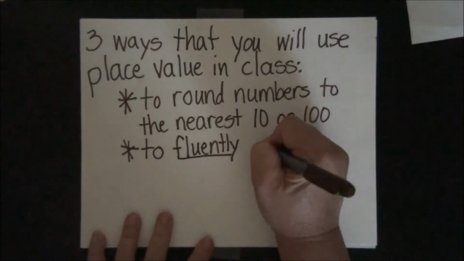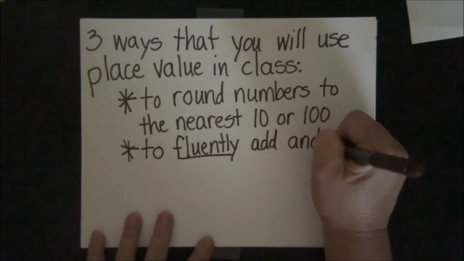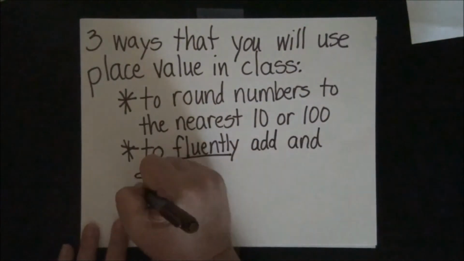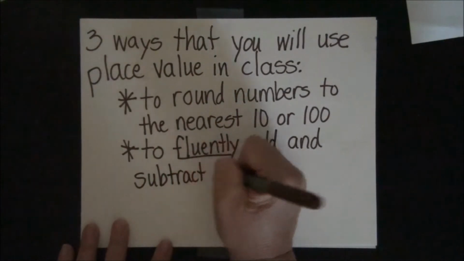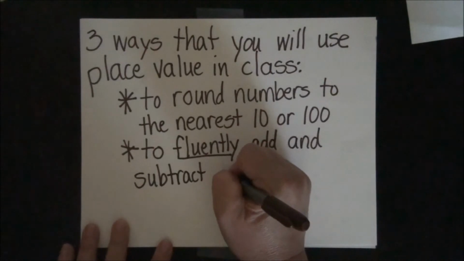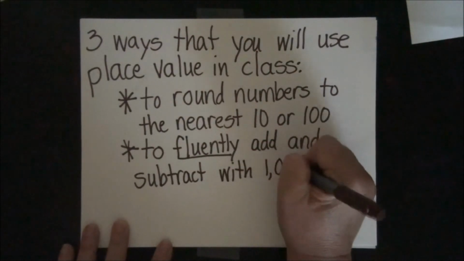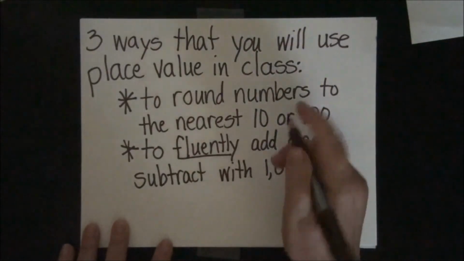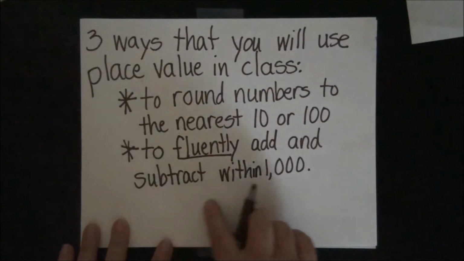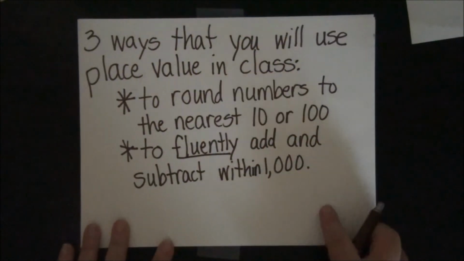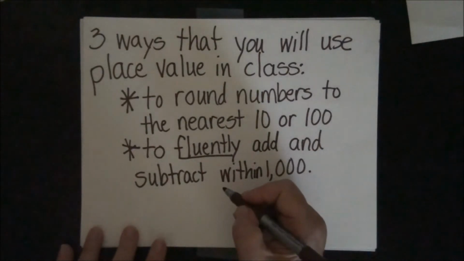So to fluently add and subtract any numbers up to 100. We're going to use within, or not 100, 1,000. I'm going to use the word within 1,000, because that's going to include all those numbers up to 1,000. Okay? Or well, up to the thousands place anyway.